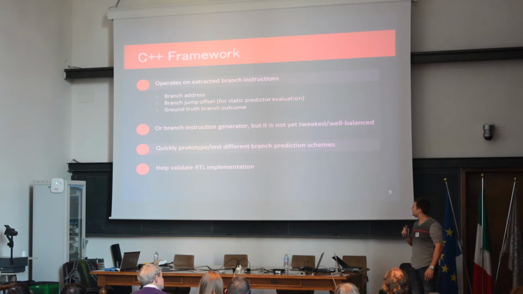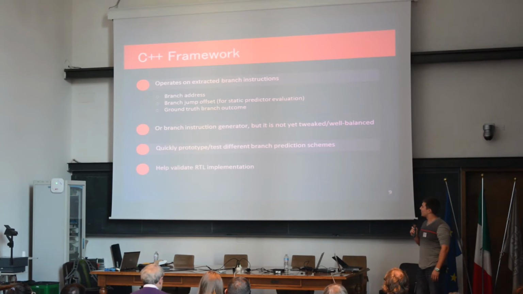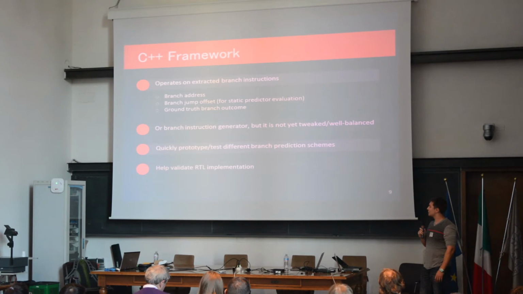The framework operates on traces from real programs executed on a simulator, and it requires the branch address, branch jump offset, and the ground truth. So was it taken or not taken? The branch offset is mainly used right now for the static predictor evaluation, which is used in the Cappuccino, but we are planning to use it later as well.